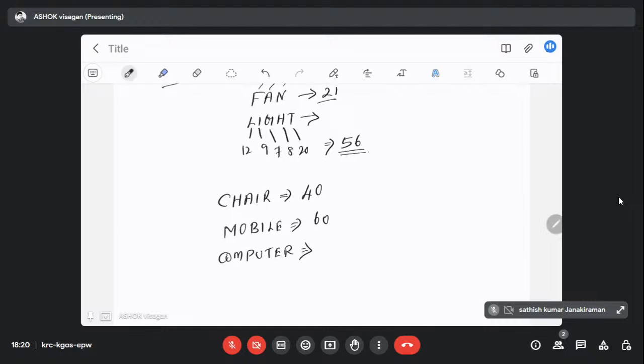Then what is the code for the word computer? Can you guess? I'll give you 1 minute. Just try to solve this one, and if you know the answer, just cross check with my answer finally.